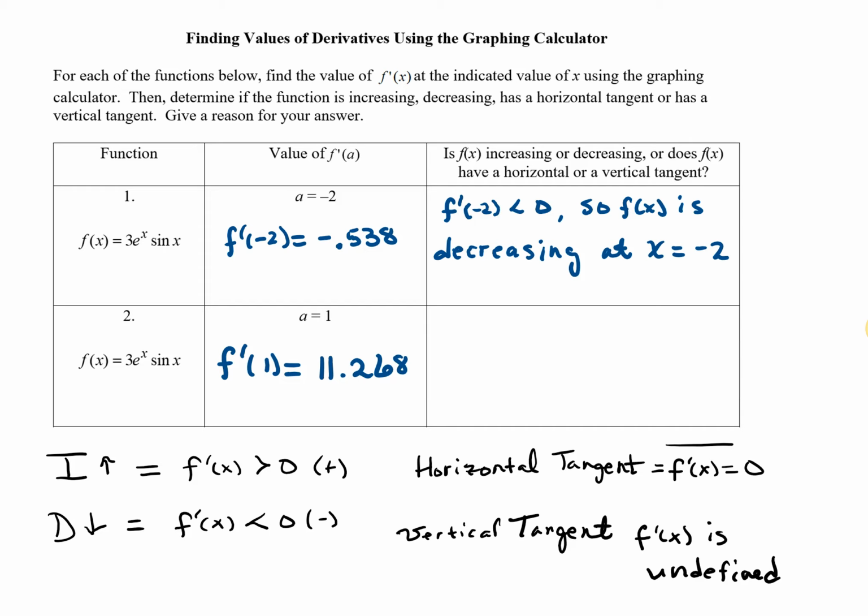Okay, and f prime of 1 is greater than 0, so f of x, as you might have guessed, is increasing at x equal 1.